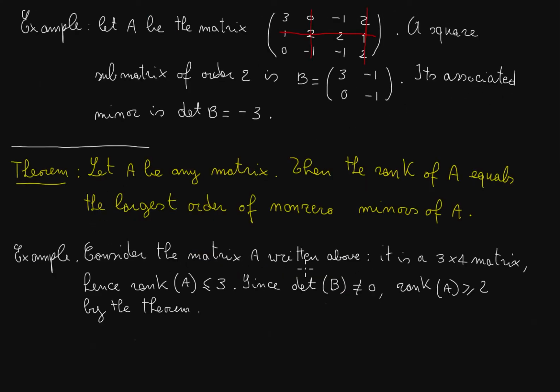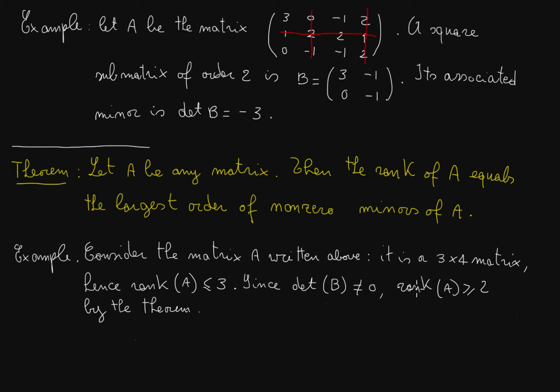Consider the matrix A written above. It is a 3 by 4 matrix, 3 rows and 4 columns. Therefore, by definition of row rank or column rank, the rank of A will certainly be less or equal than 3, the minimum between the number of rows and the number of columns. Now we have seen that the matrix B is a submatrix of A, and its determinant is different from 0.